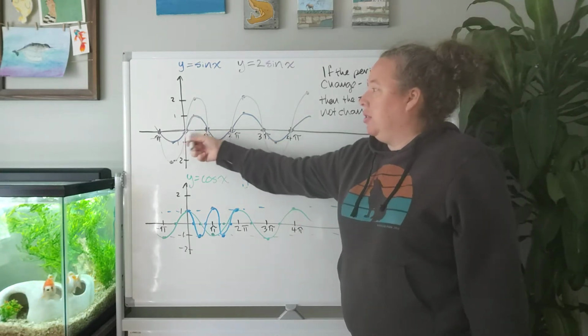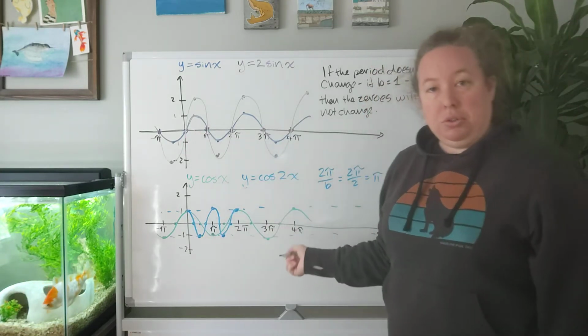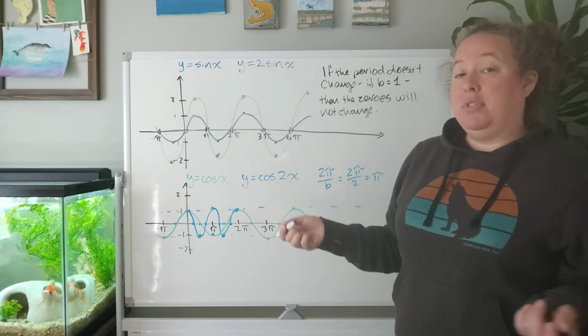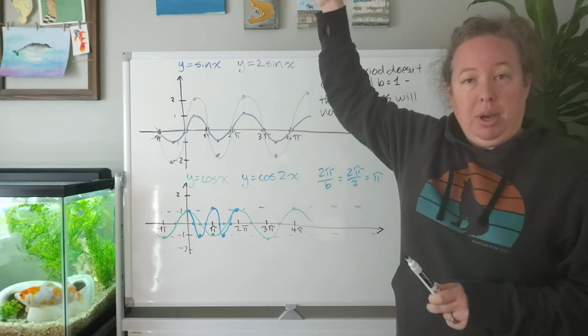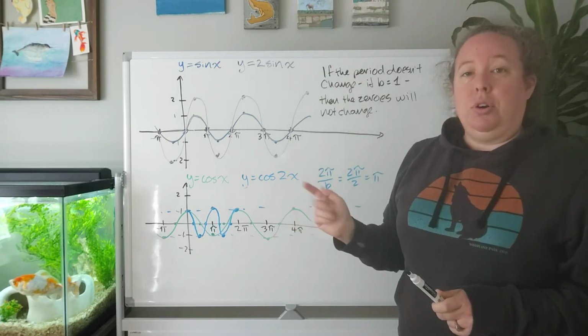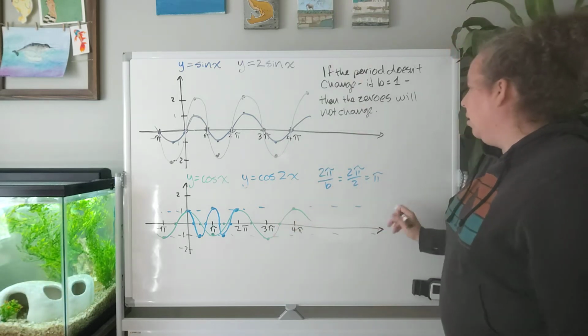So you can just put down your zeros of sine or your zeros for cosine, and then all you have to do is adjust the amplitude. Is it going up to just a half? Is it going all the way up to 10? And so on and so forth. All right?